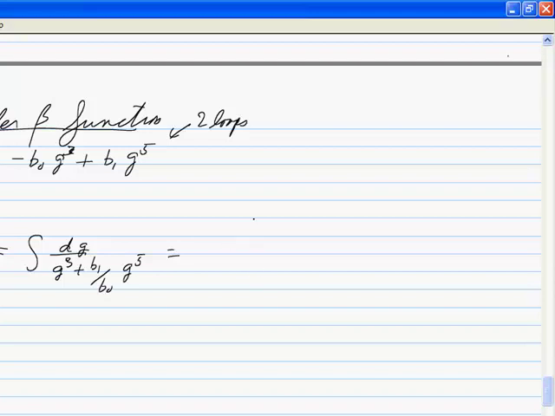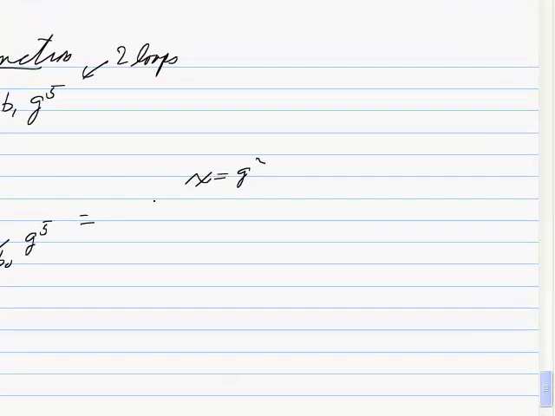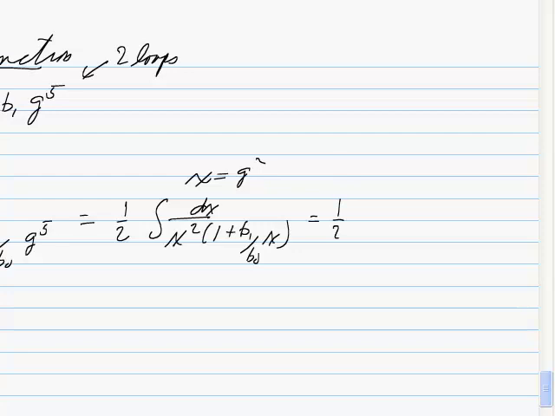If I'm going to let x equal g squared, this is 1/2 the integral dx over x squared times 1 plus b1 over b0 x, which, since we're doing this perturbatively, I could just write as 1/2 the integral dx of 1 over x squared minus b1 over b0 times 1 over x.